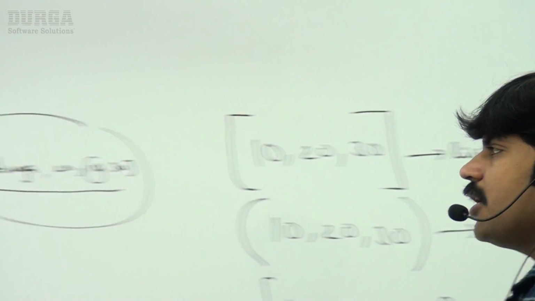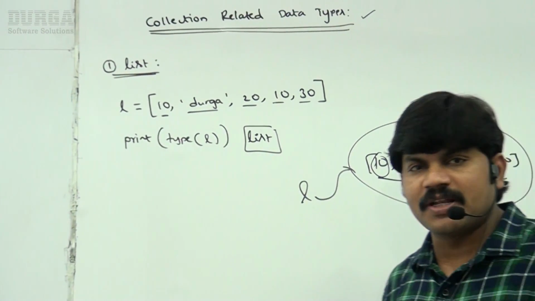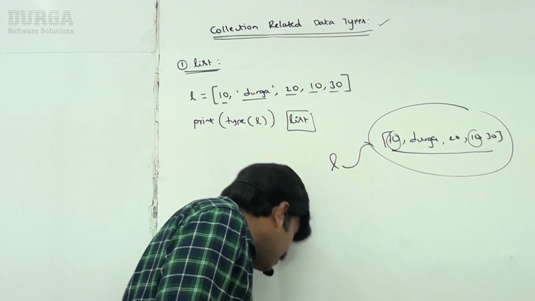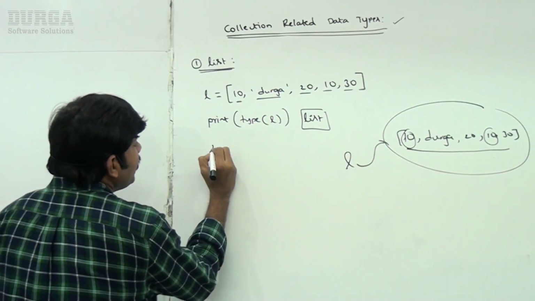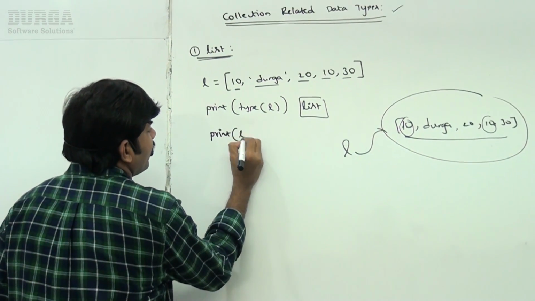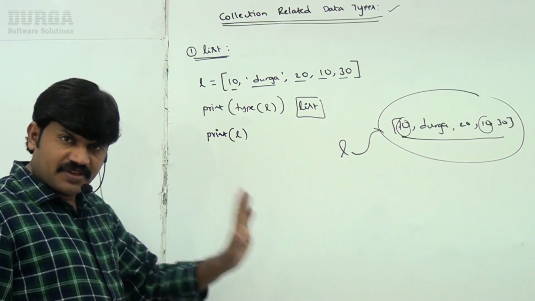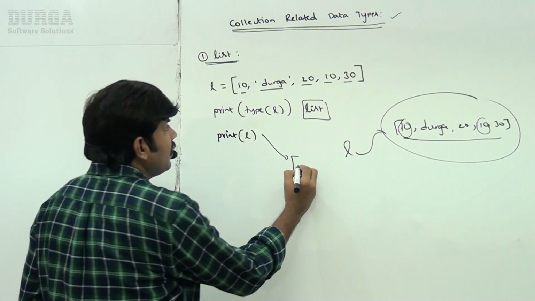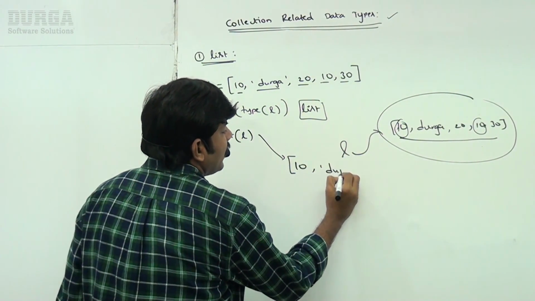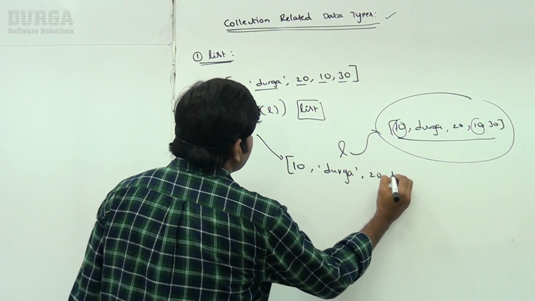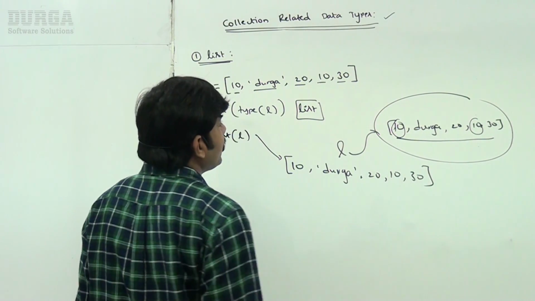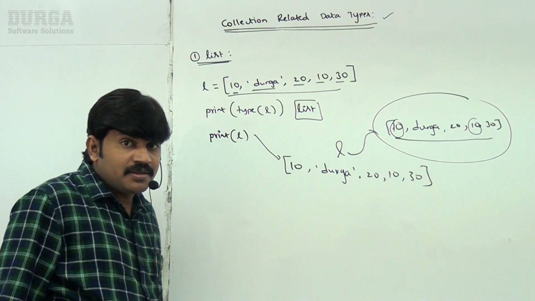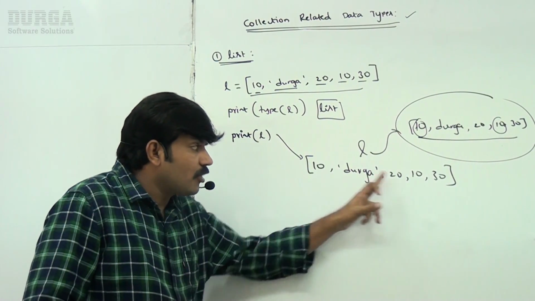Now from this diagram you can understand that duplicates are allowed. I will show it. If I print L, printing the values present inside the list, what is the answer we are going to get? 10, Durga, 20, 10, 30. In which order you specify the elements, in the same order only the output is going to come.